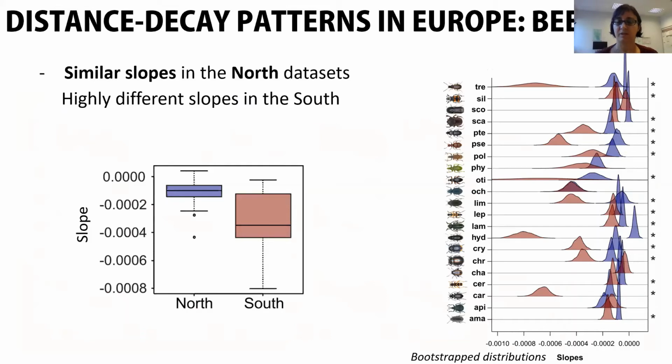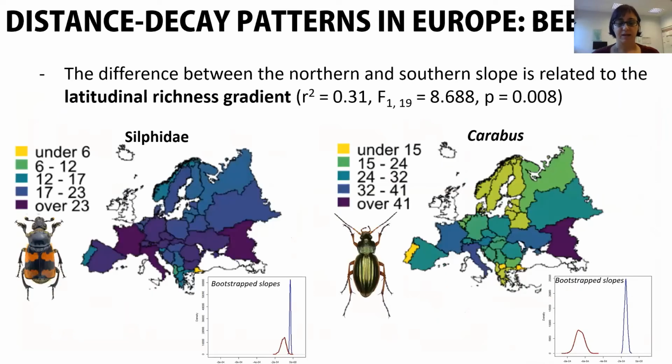So the north is flatter than the south, but also quite similar among groups. We also observed that this difference in the slopes between the north and the south was correlated with the richness gradient. So we were quite on track: this is going to be historical dispersal limitation.